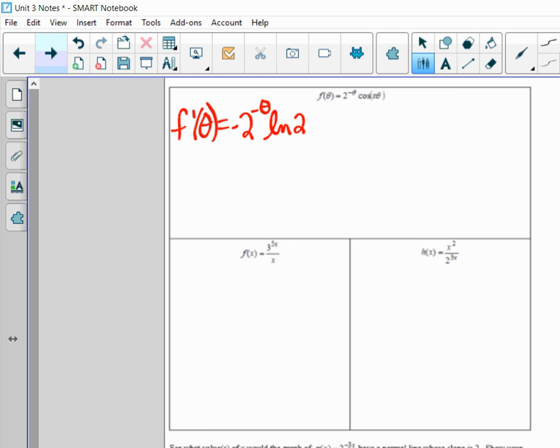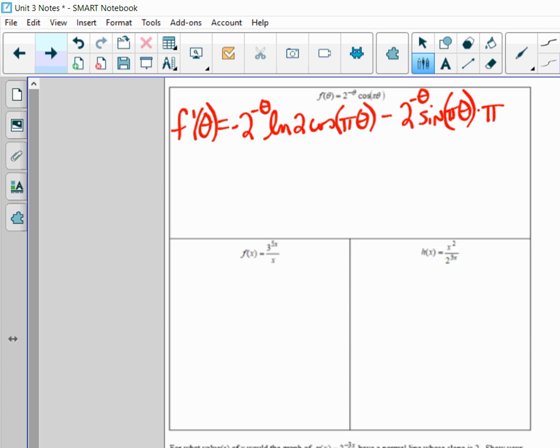So I'm just going to put a negative in front, times cosine of pi theta, plus, but I think it's going to change to a minus, but I'm going to leave it plus for now. Leave this one alone. Then the derivative of cosine of pi theta is going to be negative sine, so I'm going to change that to negative sine of pi theta times the derivative of pi theta, which would just be pi. So times pi.